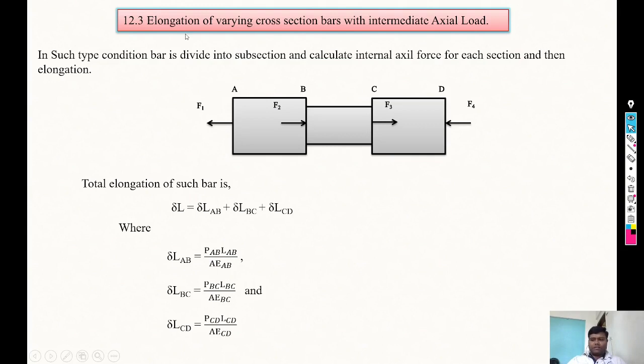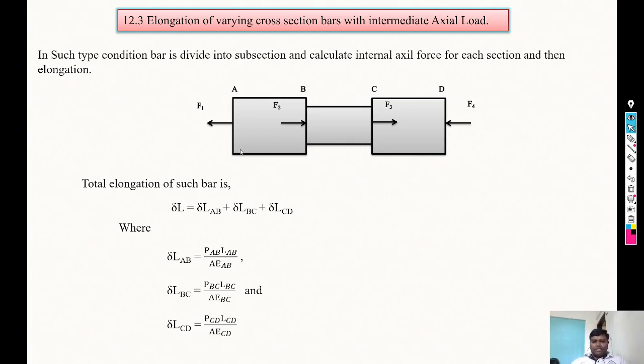The third type is, as we discussed, based on the elongation of varying cross-section bars with the intermediate axial force. Here also we need to calculate the elongation. Here also our main aim is to calculate the elongation of the bar. The main difference between this numerical and the numerical that we discussed previously is the cross section area of the bar.